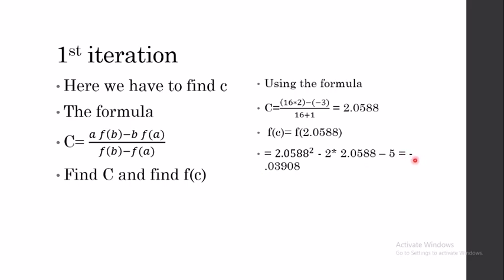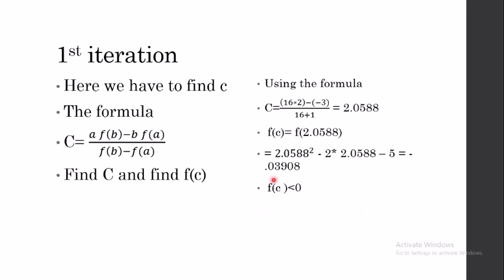It is minus 0.03908. So f of c, what I got, is minus 0.03908, which is a negative quantity, less than 0.